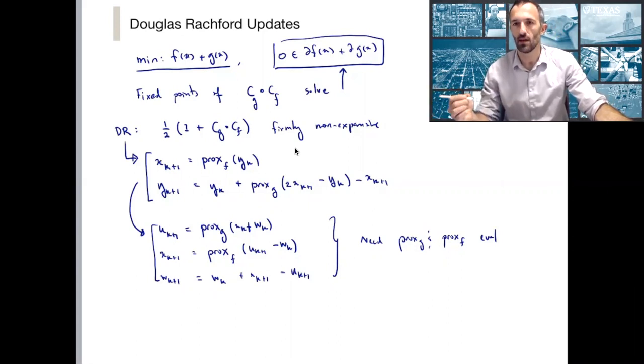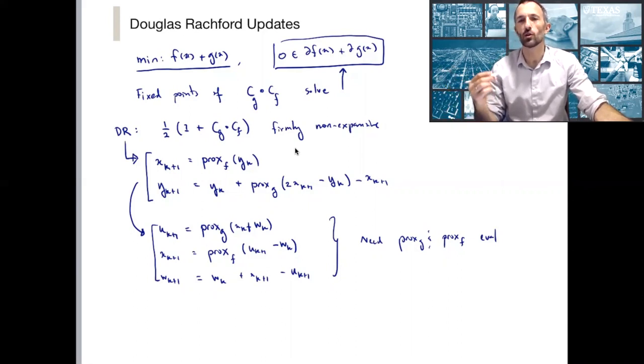And as we've seen, scaling a prox function, including in the proximal point algorithm, is really equivalent to something like a nonlinear step size, essentially.